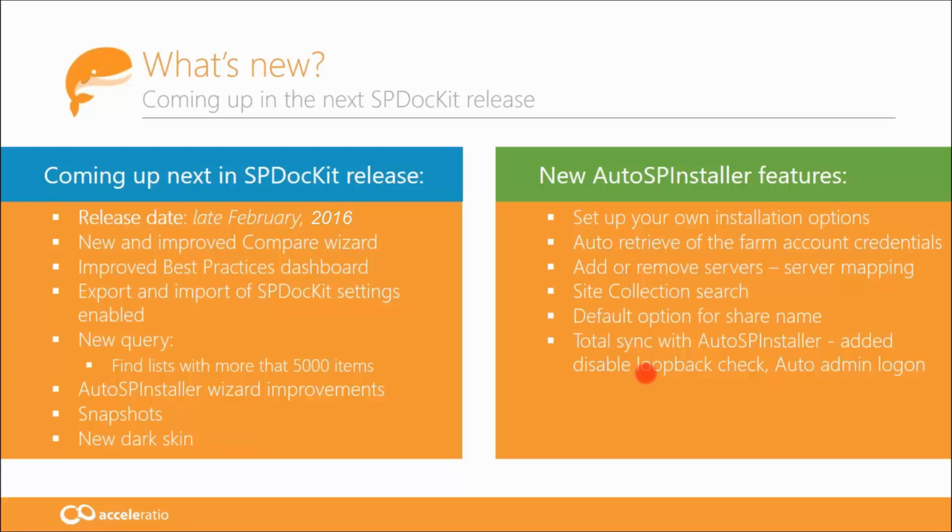You'll be able to retrieve existing accounts and just copy them to the new farm. We added new features like disabling loopback and the ability to search different site collections in order to easily map the old ones and new ones. That's everything that's coming up in the next release.